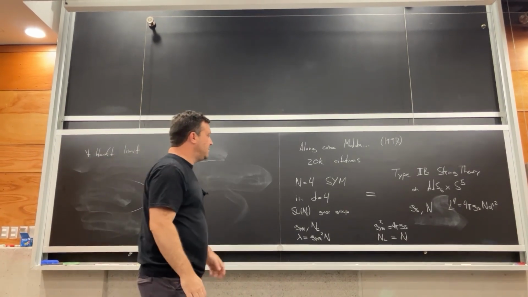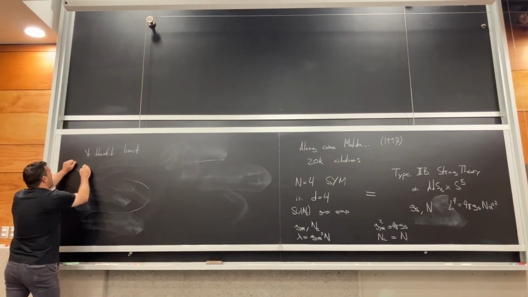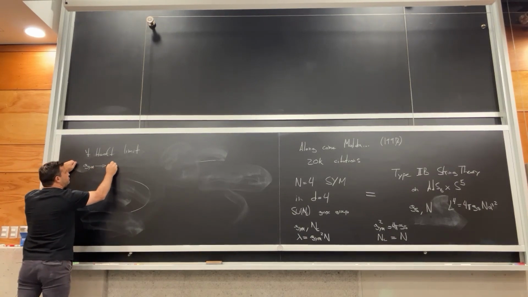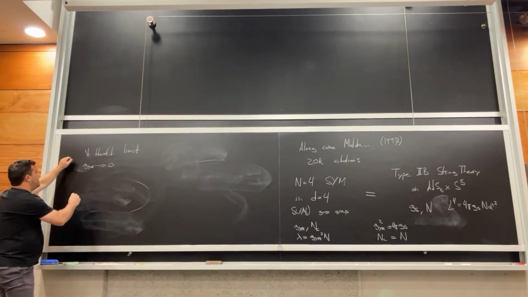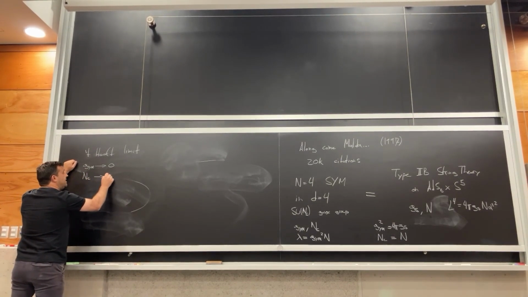So the 't Hooft limit is taking g Yang-Mills to 0, and taking the number of colors to infinity.